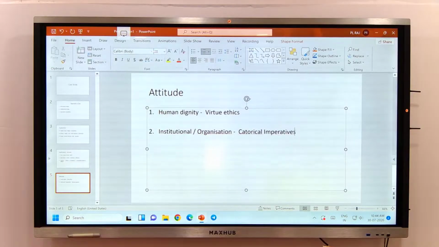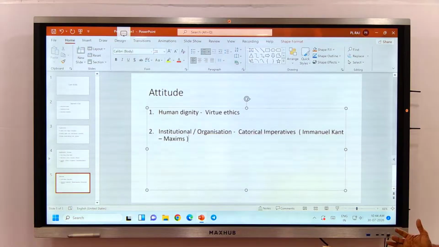It was Immanuel Kant who stated that there exist certain maxims of the universalities that any human individual shall not violate.